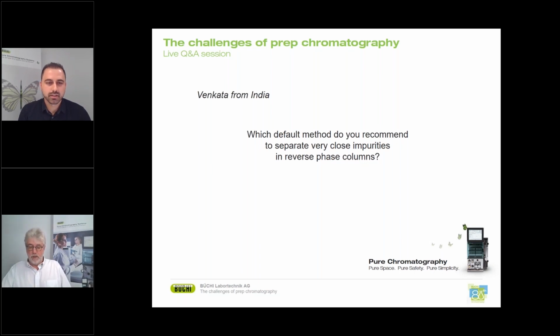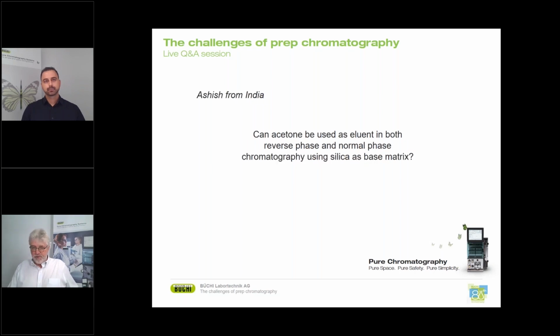The next question is, can acetone be used as an eluent in both reversed and normal phase chromatography using silica as a phase matrix? Yes, it is possible. However, there is a bit of a consideration to make here, because acetone has a very high UV cutoff.